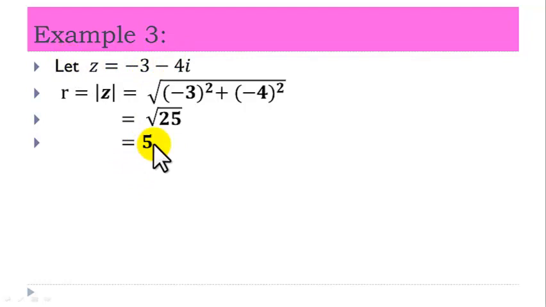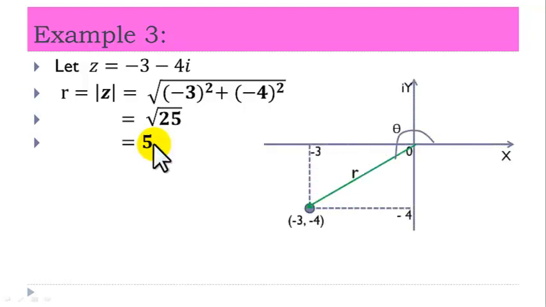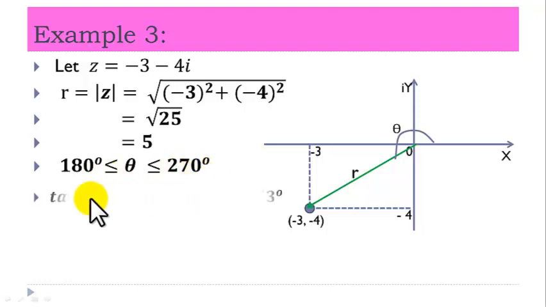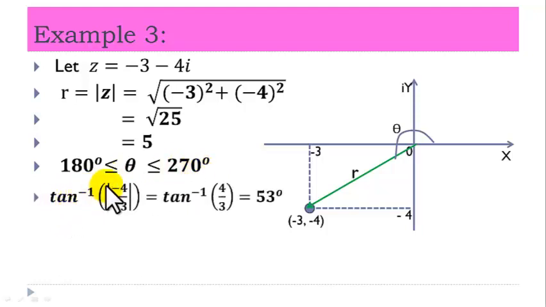Again, to calculate the argument, we need to obtain the Argand diagram of our complex number. Observe that the complex number this time is in the third quadrant. That is, our argument theta is greater than 180 degrees but less than 270 degrees. So we have to first calculate arctan of the absolute value of minus 4 over minus 3.